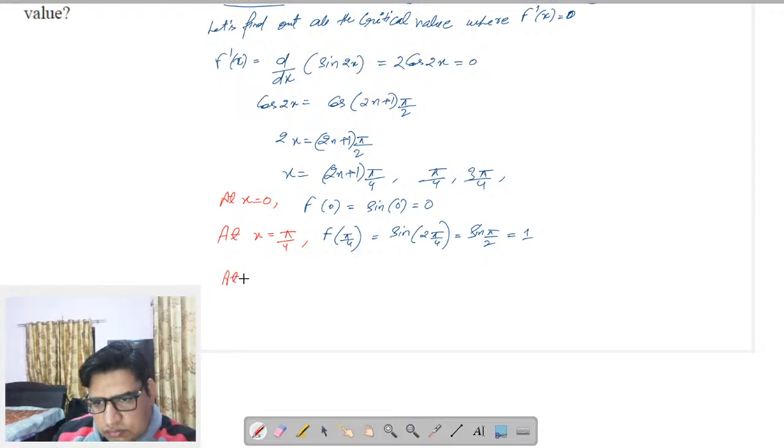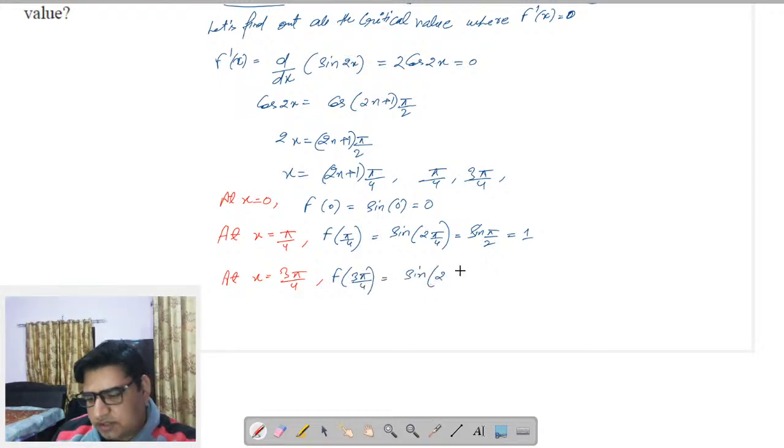Okay, and similarly let's try to find out the value of the function at x is equal to 3 pi by 4. f(3 pi by 4), we can simply write down sin of pi minus pi by 4.